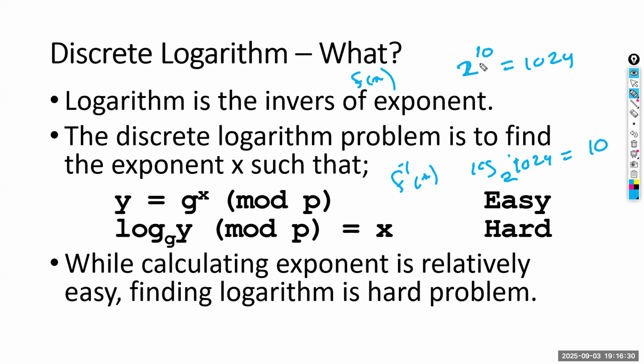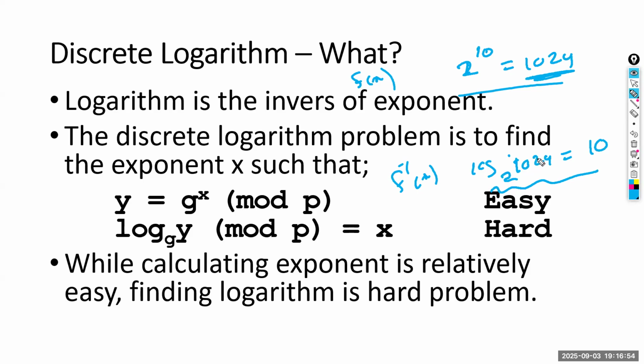You know that finding 2 to the power 10 is easy. Anyone can say it. What is 5 to the power 3? 5 into 5 into 5, 125. What is 6 to the power 2? 36. What about 10 to the power 3,000? That is also not impossible, but somewhat more difficult.